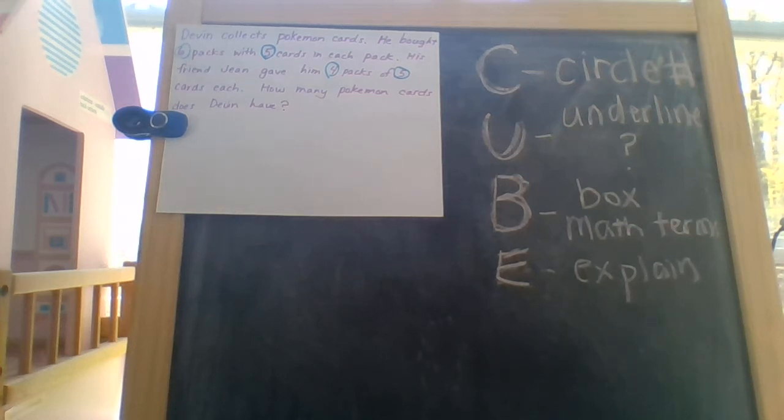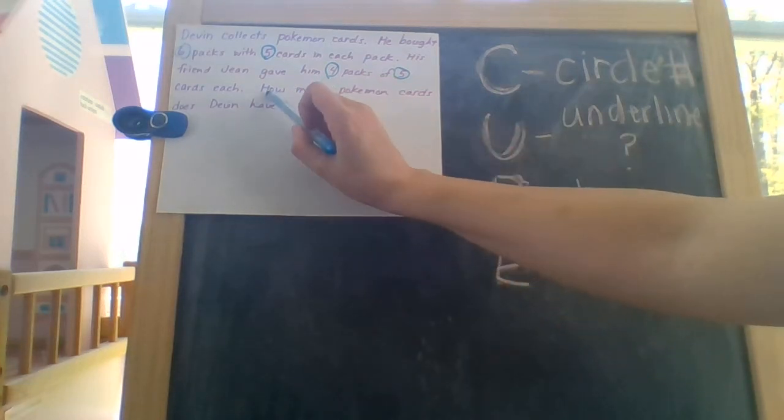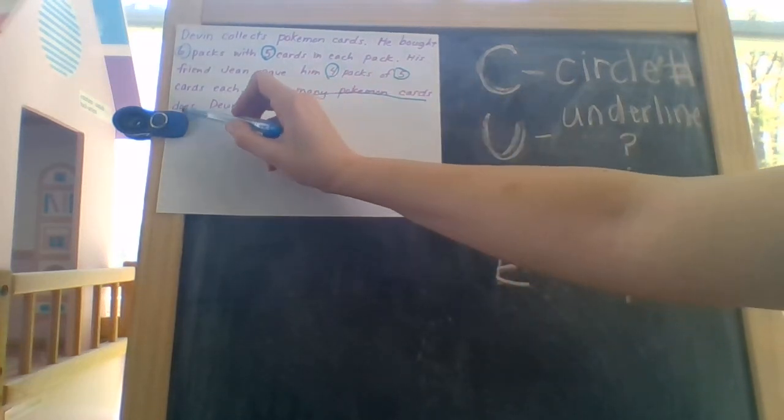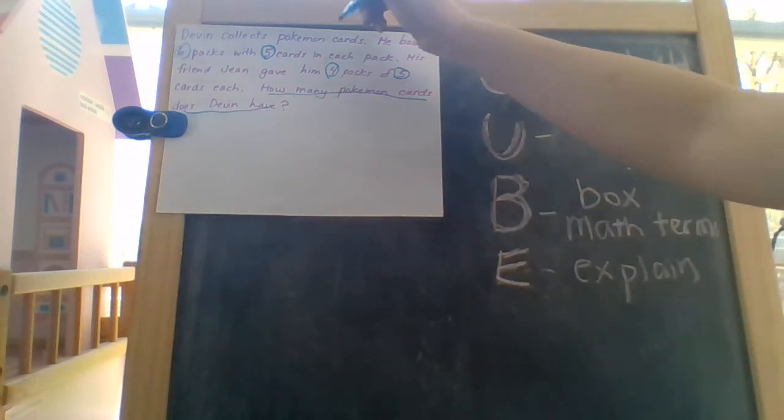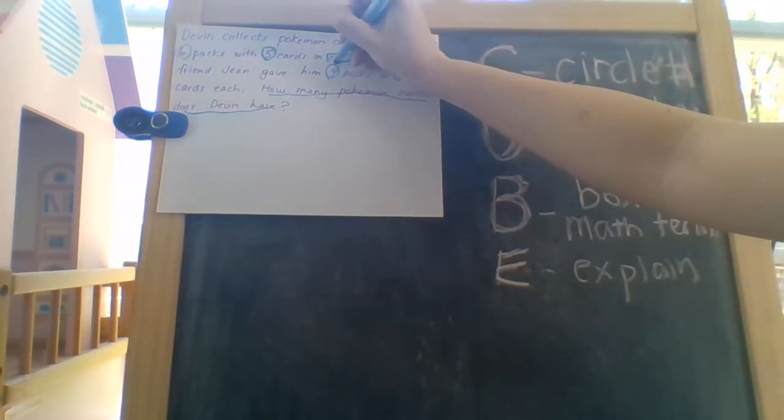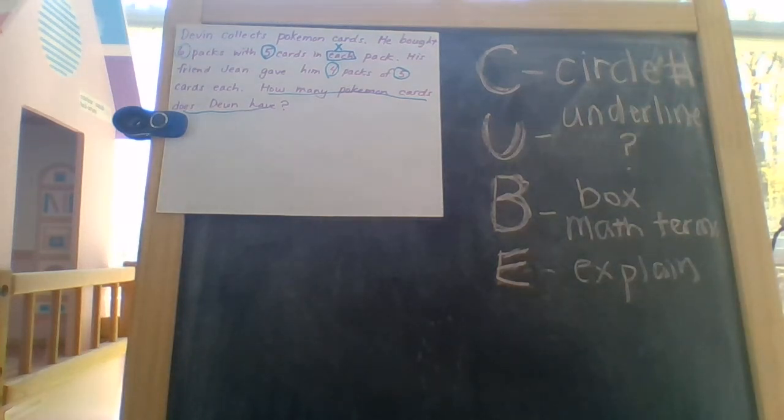Now I'm going to underline the question, U. It says, how many Pokemon cards does he have? So that's what I'm solving for. I want to know his total. Okay. Now let's take a look at boxing in my math terms, the B part of cube. So each, right here, this word each, if you remember from the last problem where I forgot to write that word in, it means to multiply.